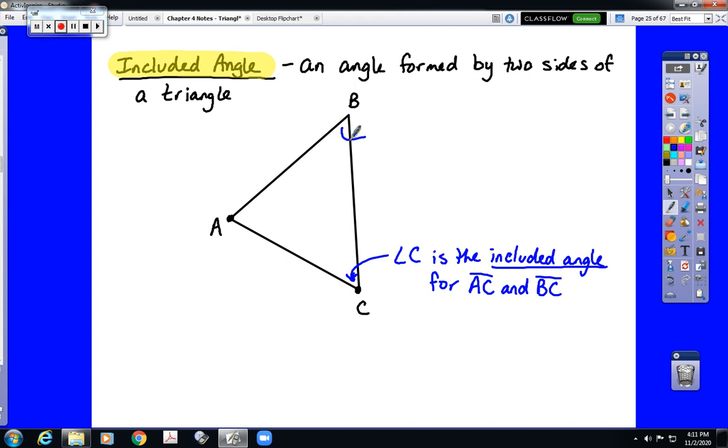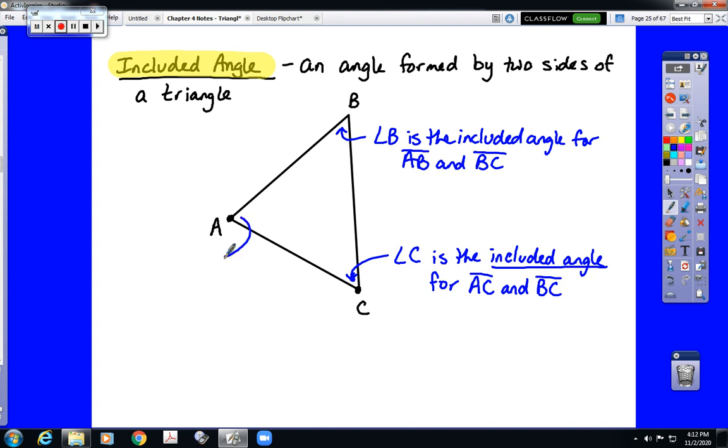We could just as easily assign this word to any of the angles in this picture. Angle B is the included angle for sides AB and BC. Those are the two sides that form that angle. So any angle could be an included angle.